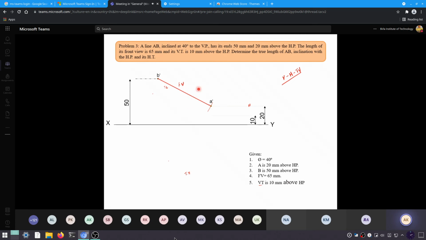Now if we extend it further, we are going to meet a point H over here, and this information is already given to you that VT is 10 mm above HP. So we have made a trace 10 mm above HP, and it is going to meet the front view to obtain capital V or VT.